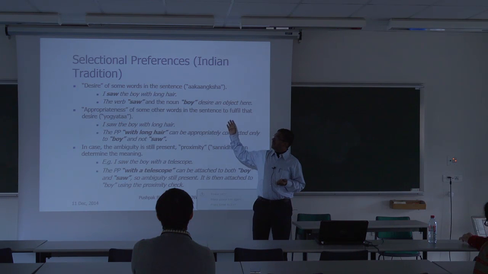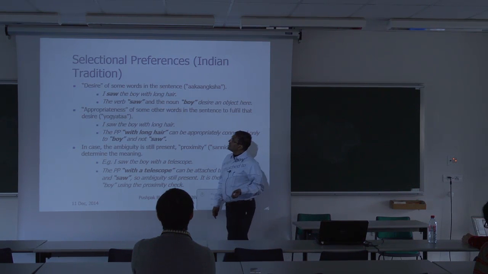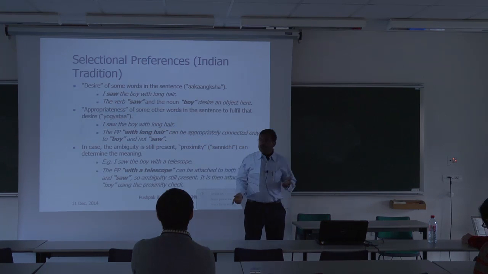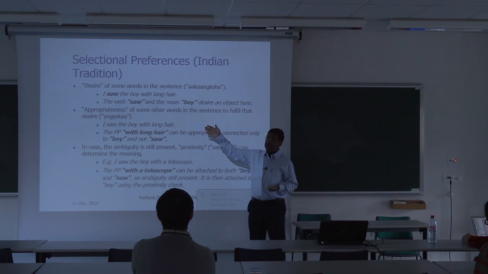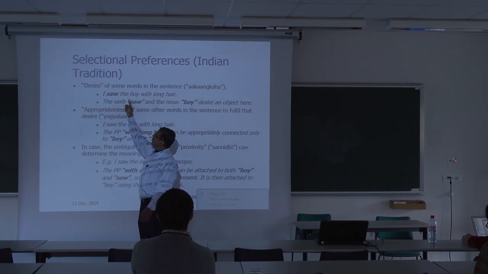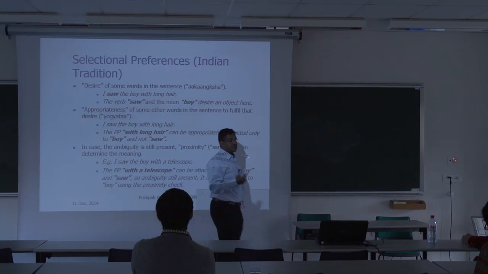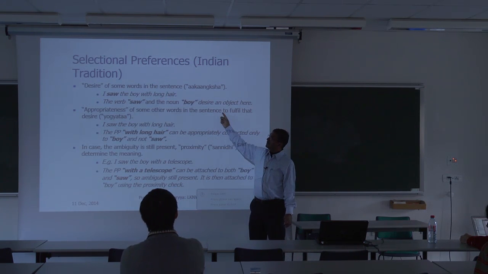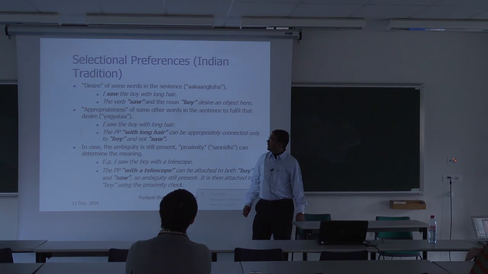Whenever they appear in a sentence, they desire the presence of other words with specific properties to be able to construct that sentence. For example, if I look at the word saw in a sentence, who saw and what did he see, those two desires have to be fulfilled for the word saw. This is known as the notion of akanksha, which means a demand.